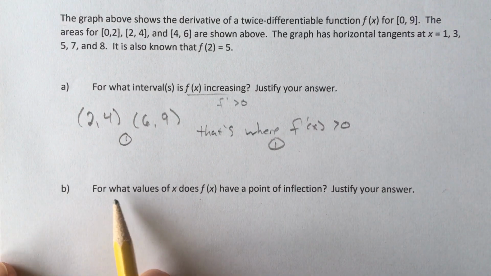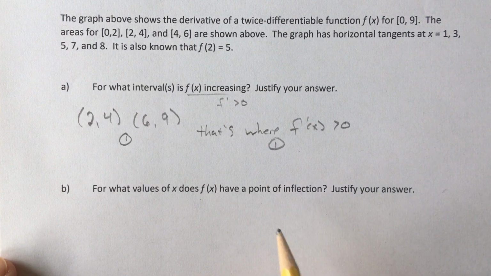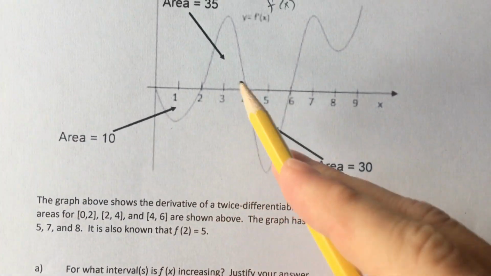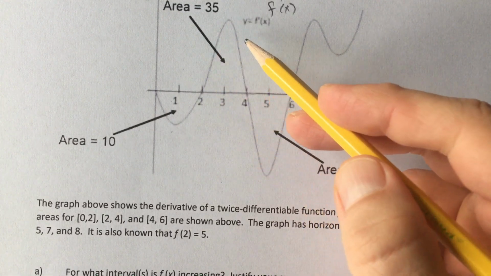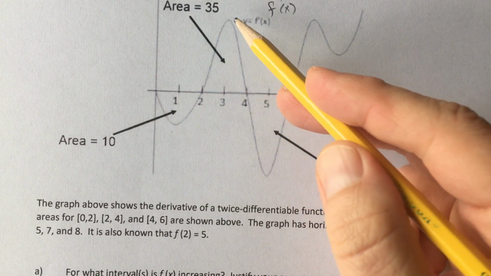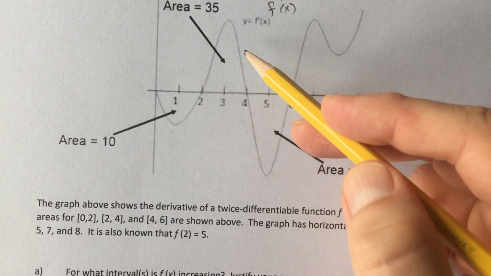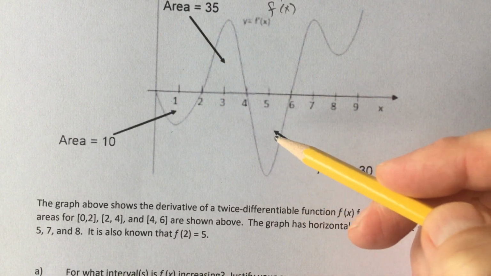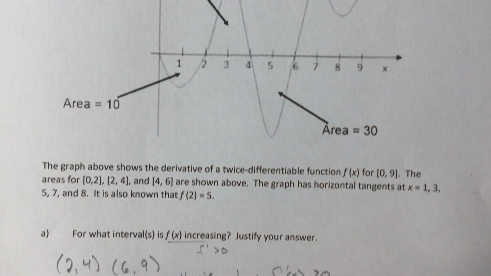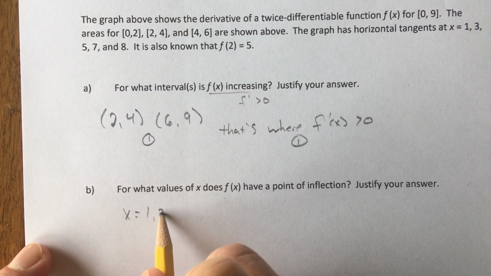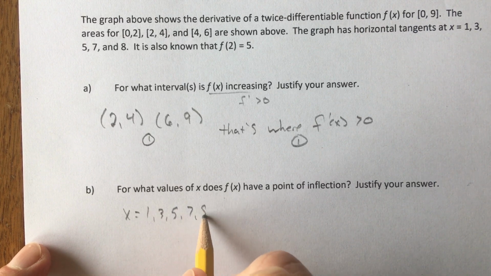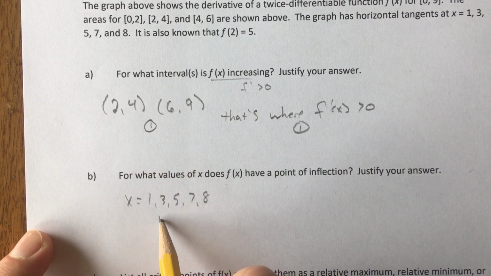We go to B. For what value of x does f of x have a point of inflection? Since this is the derivative, when the derivative is increasing, f will be concave up. When f prime is decreasing, f will be concave down. So anywhere it switches from increasing to decreasing or from decreasing to increasing, that's going to be a point of inflection. So all of those horizontal tangents that they told us, 1, 3, 5, 7, and 8, those are your points of inflection.